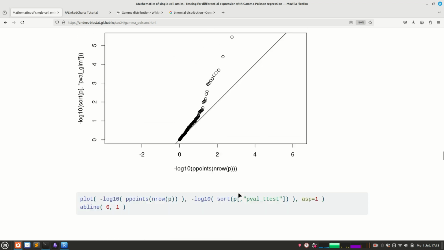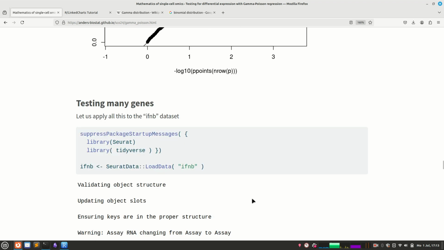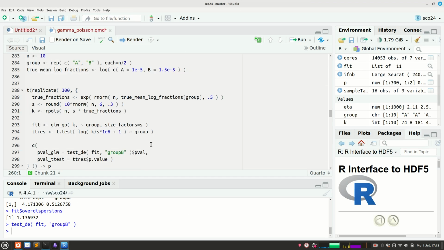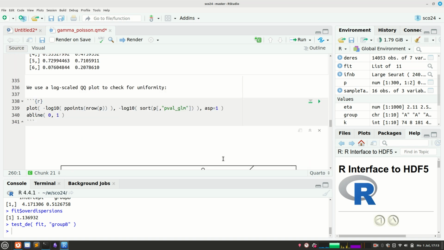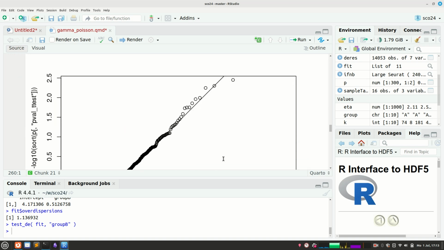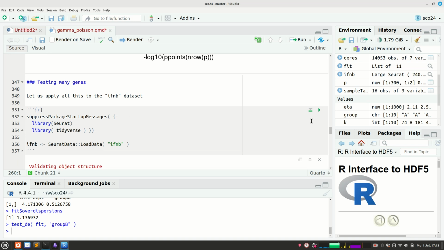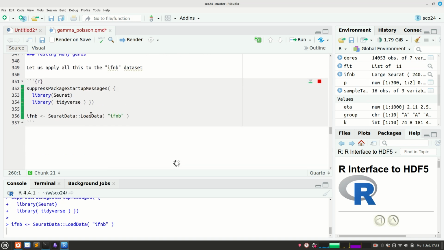What I told you before is I took this. Where am I? I now want to apply this on our actual data. So what I've done is I again load the same example data as last time with IFN-beta.